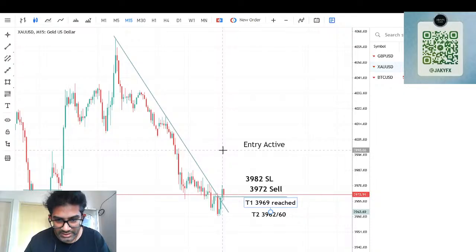So book your profits and let's wait for the next trade.